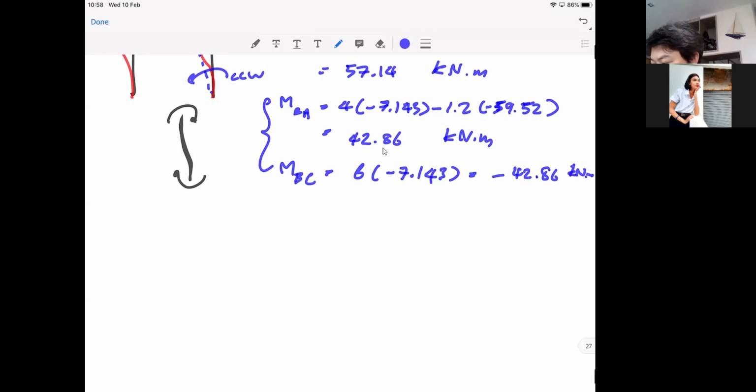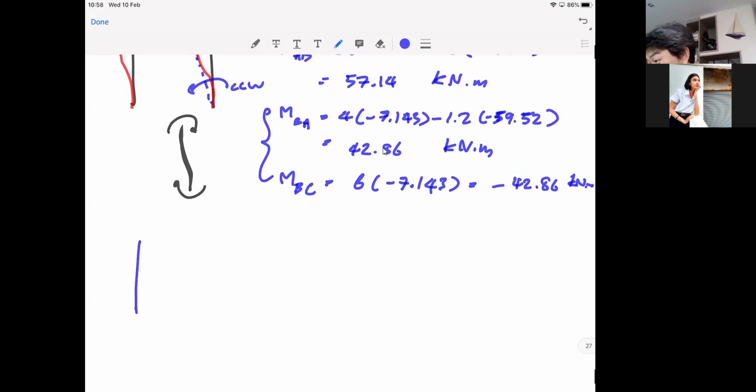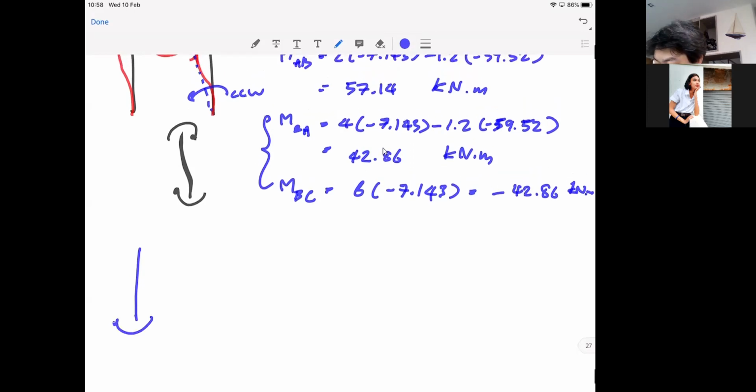And now you have MAB 57.14, 42.86, and here is minus 42.86.